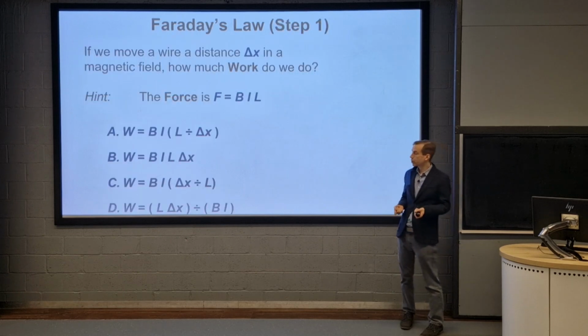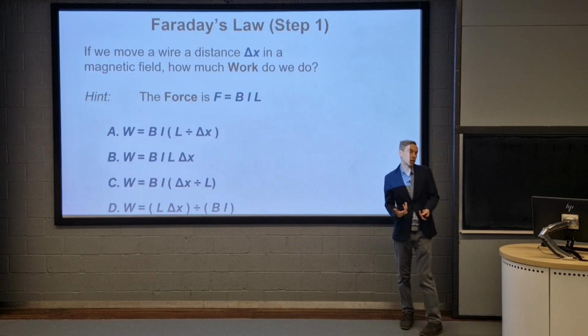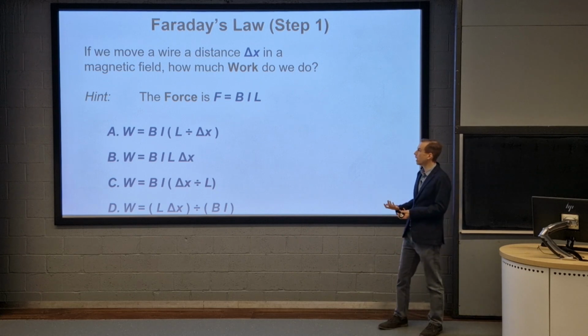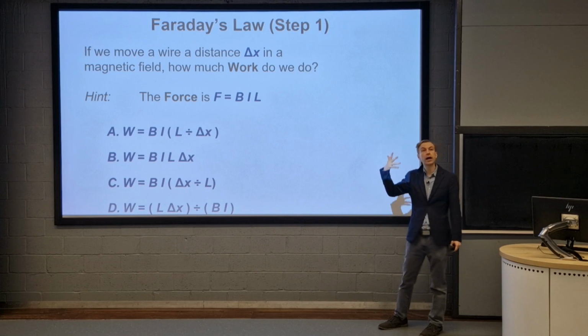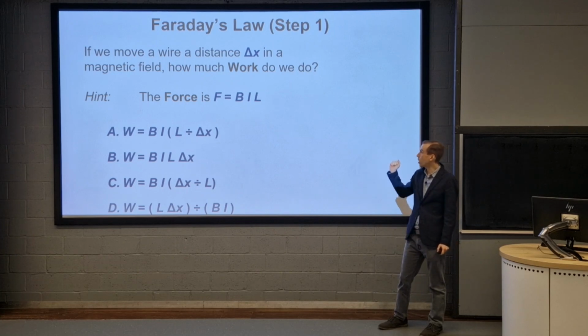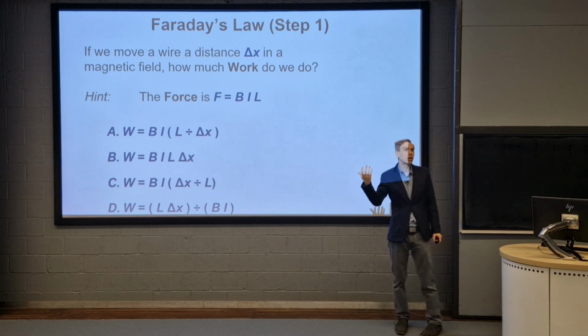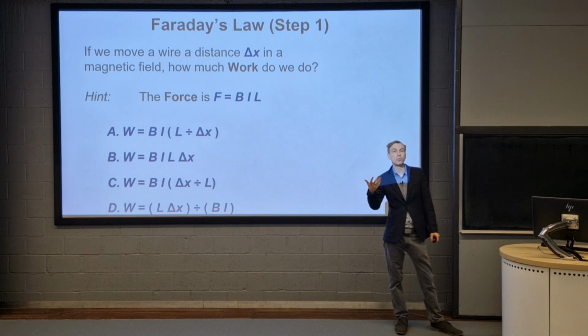So I've got a question here. We know what the force is from what we saw last time: we're going to have to be exerting a force of B times IL, where I is the current that we are producing. And we've moved that wire a distance x. So how much work have we done in moving this wire?